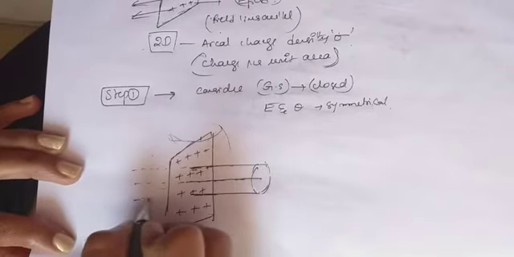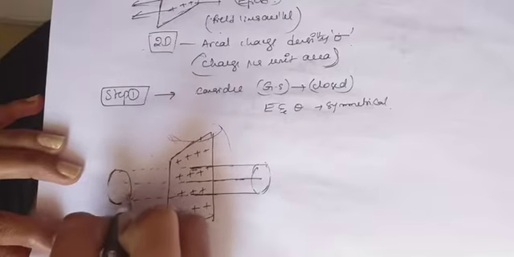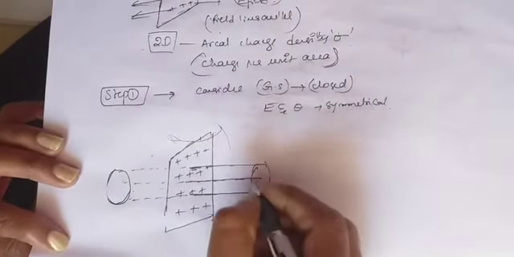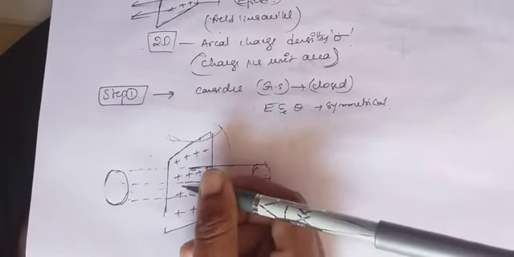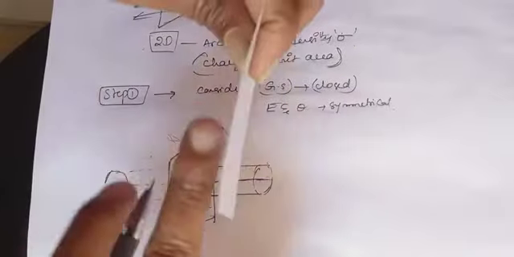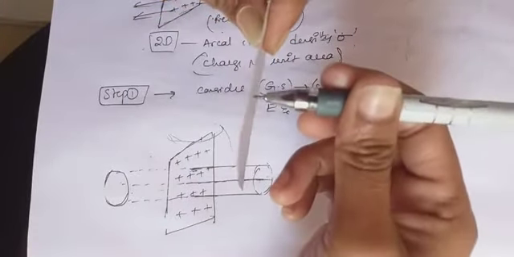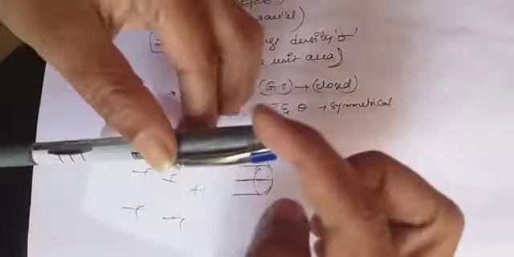This is my Gaussian surface, and this cylinder must enclose the charge inside.